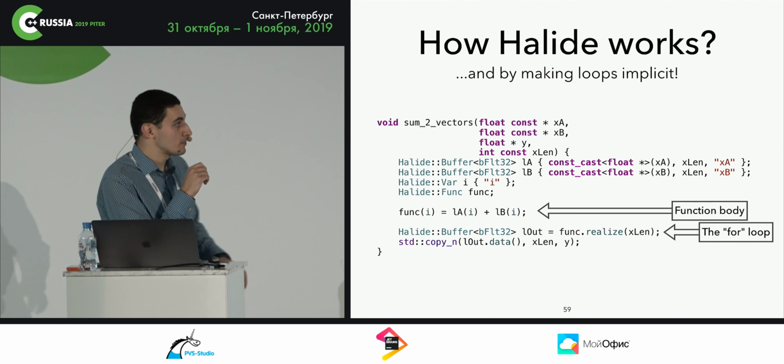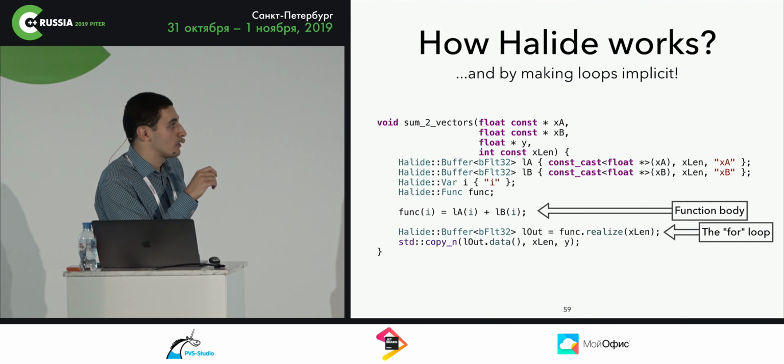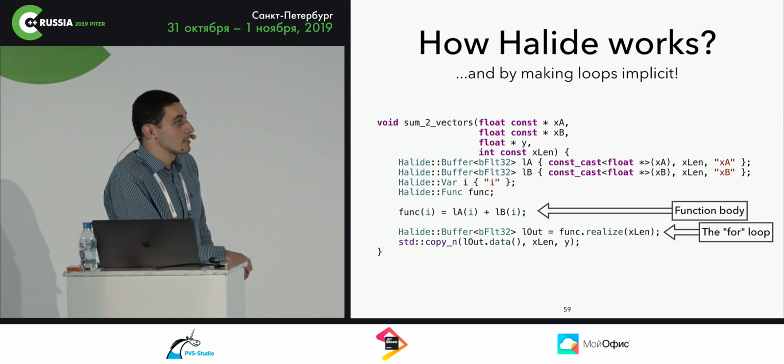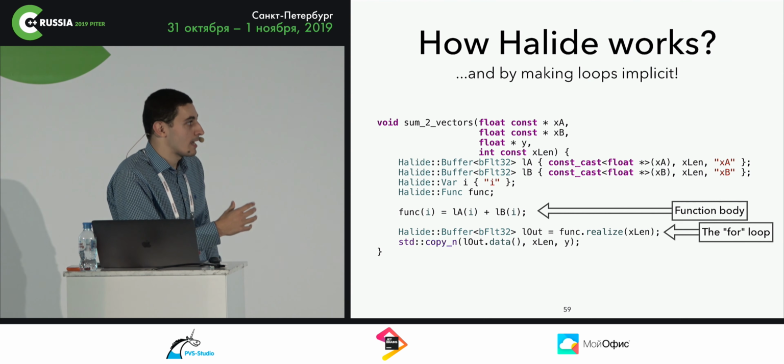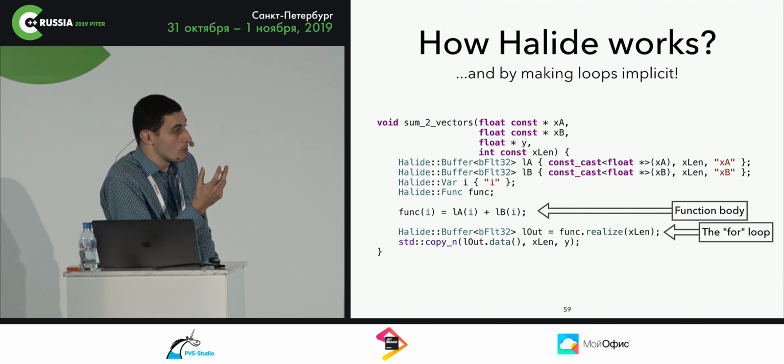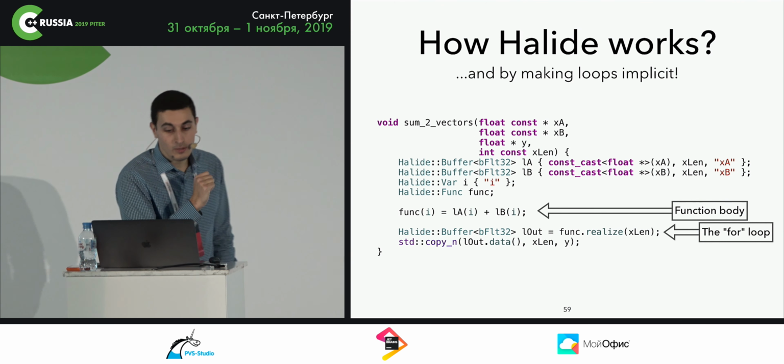So the boilerplate code here starts with the Halide namespace. We define 2 buffers. We define a variable that we predefine called I, and then we define a function. And then all we do is define the actual logic of the function. What goes afterwards is we call a realize function.